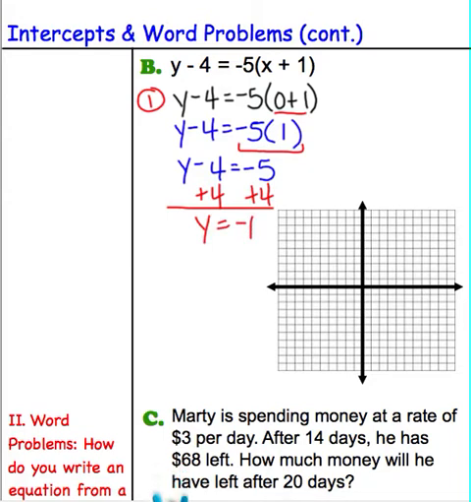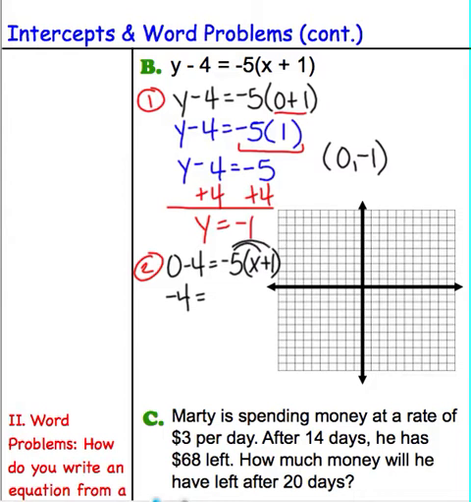So my y-intercept is going to be the ordered pair 0, -1. That second step is going to be to put in 0 for y and solve for x. So I've got 0 minus 4 equal to -5 times the quantity x plus 1. So 0 minus 4 is -4. And then we will distribute that -5, so we get -5x minus 5.